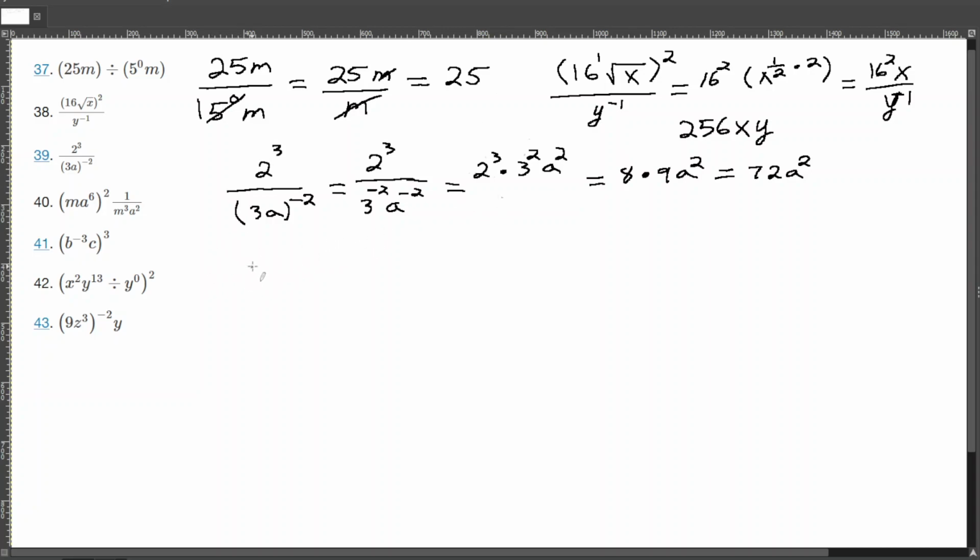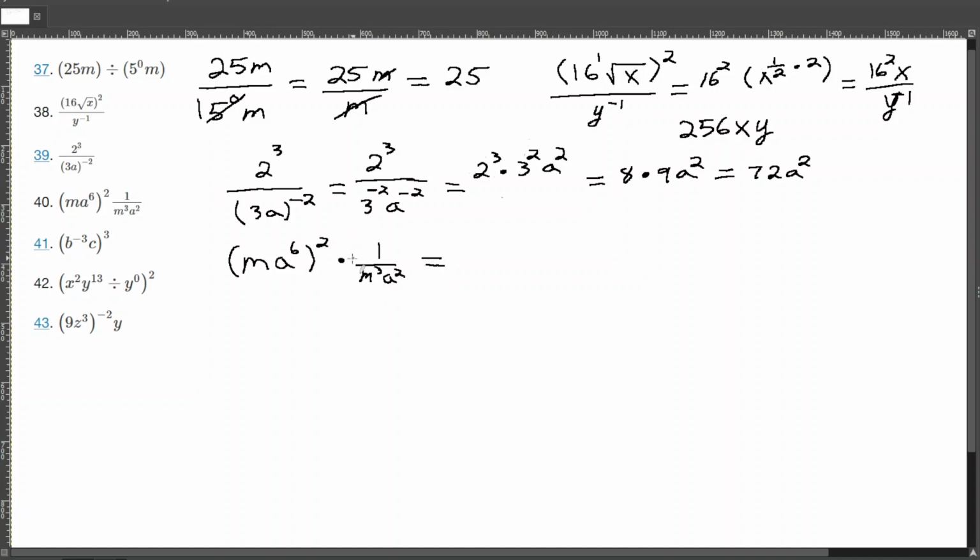For 40, it looks like we now have ma raised to the 6th power, and all that is raised to the 2nd power, and then we have it times 1 over m cubed a squared.